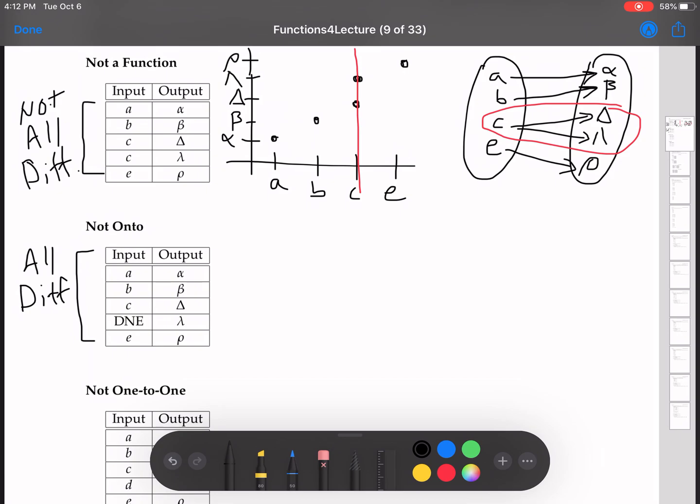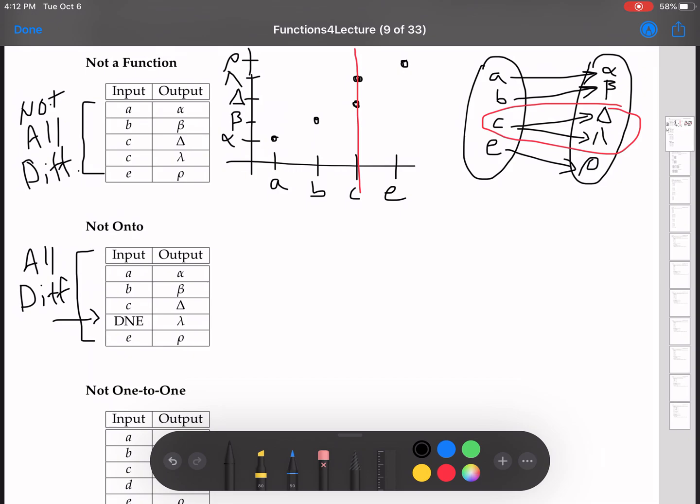But this one's not onto because of what we see right there, the D and E. There's no input that goes to lambda. Oh, and let me just mention that I chose these Greek symbols in the output columns just because they're symbols. They don't mean anything.